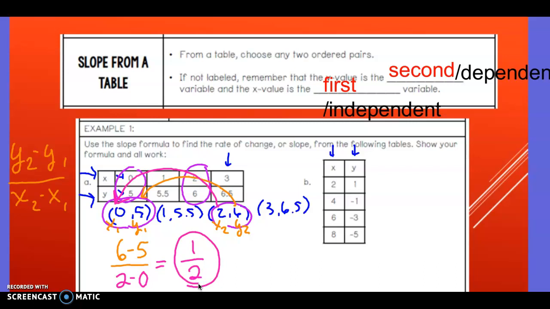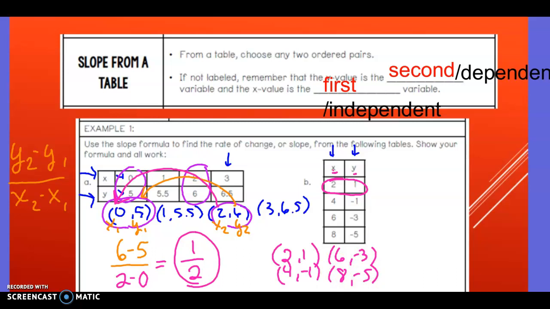Now let's go ahead and look at example B. Again, this table gives me 4 different ordered pairs. I have 2, 1, that comes from this row because this is my x, this is my y. I have 4, -1. I have 6, -3, and I have 8, -5.